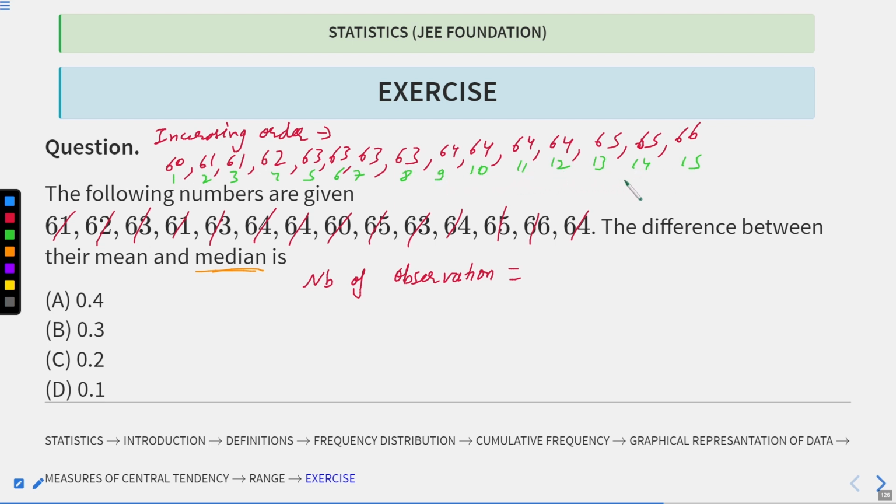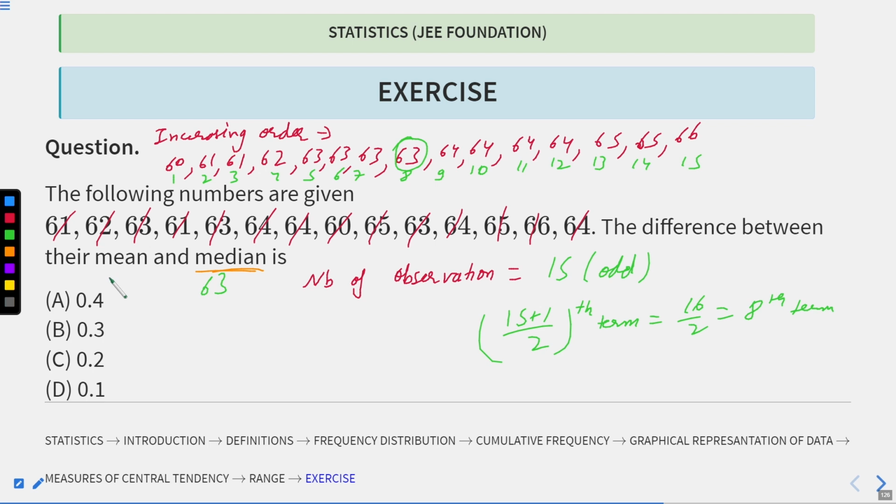I hope the number of observations is clear to you. It is 15, it is odd, so median is equal to 15 plus 1 by 2th term. So this will be 16 by 2, which is the 8th term. So my median will be my 8th term, which is 63. So median is 63.